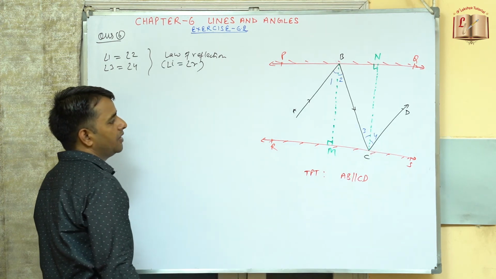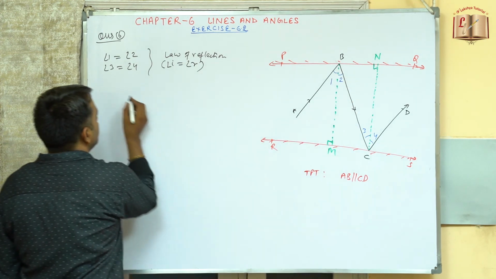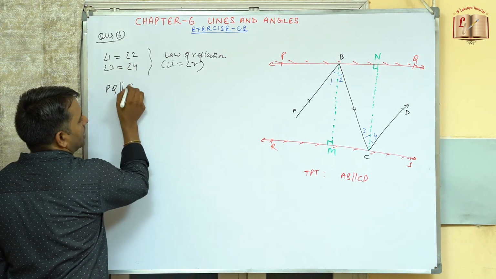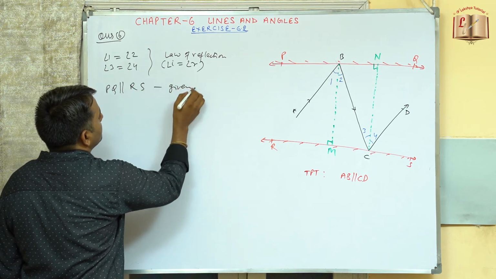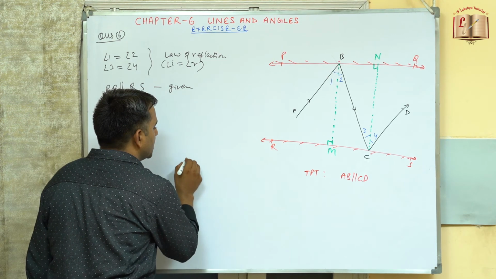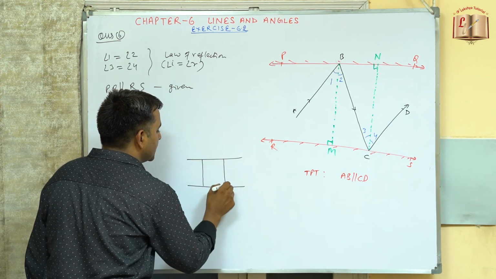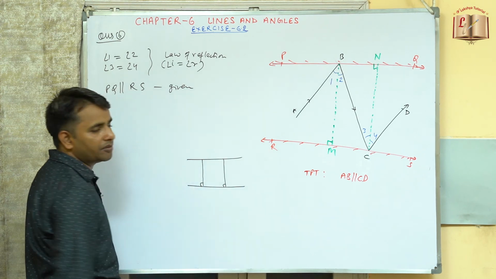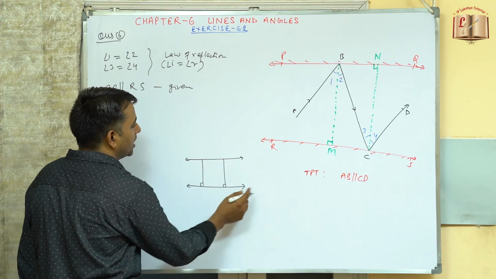Now see that PQ is parallel to RS. This is given to us. Now if we draw perpendiculars between two parallel lines, this is 90 degrees, this is 90 degrees because they are perpendiculars.